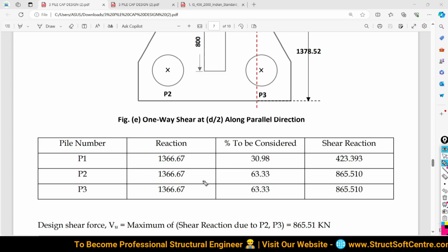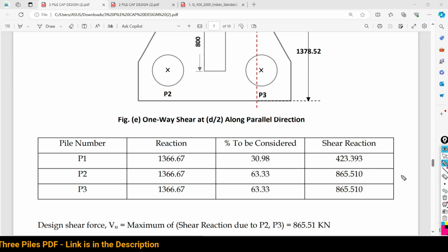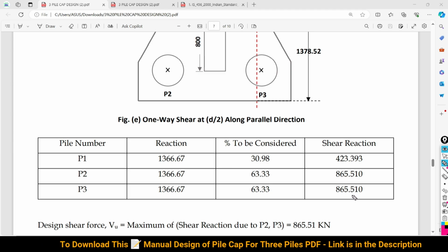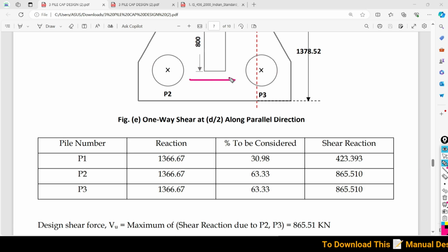For P2 and P3, it is 63.33 percent each, and for P1 it is 30.98 percent. So you have to multiply the reaction with this percentage. We get the reactions as 423.393, 865.51, 865.51.